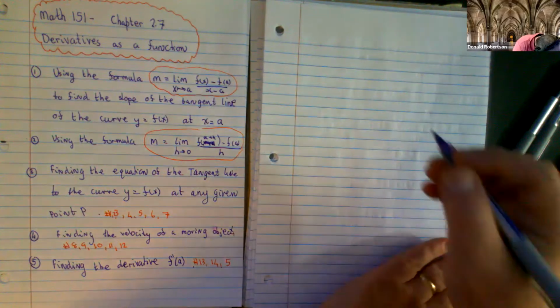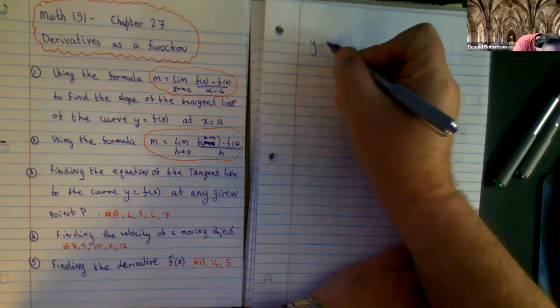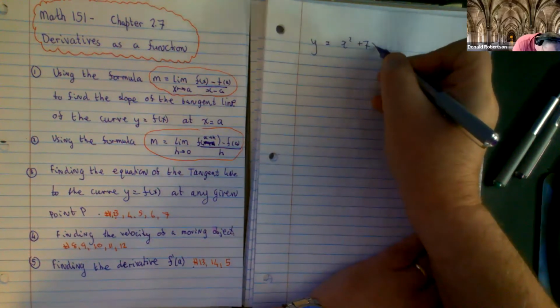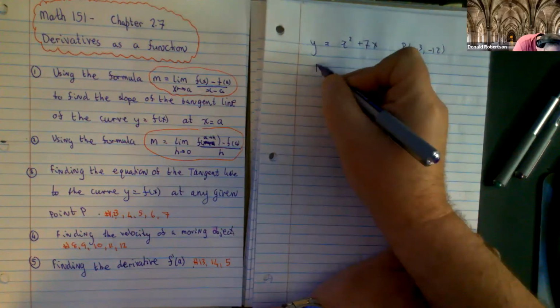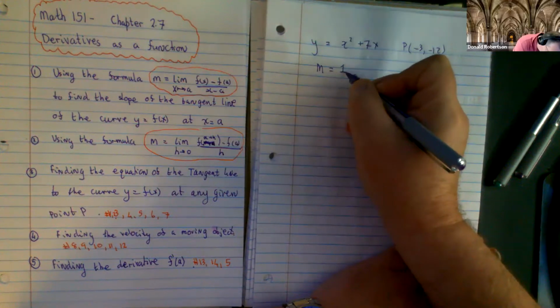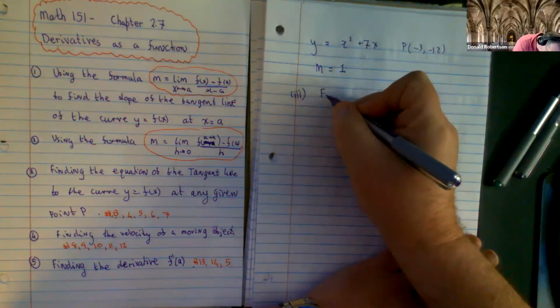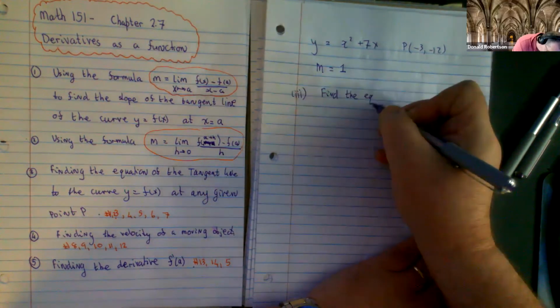Now, let's return to one of the questions I just did and add an extra type of question. So we had this guy, we had the point -3, 12. We already know the slope of the tangent line, it's 1. The third question would be, find the equation of the tangent line.